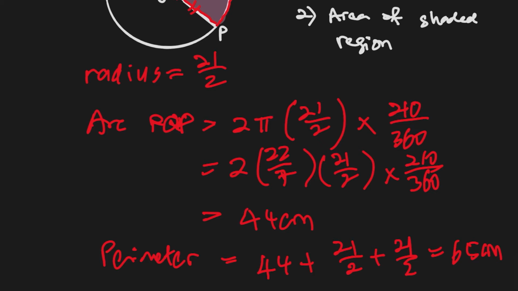And what if you want to find the area of the shaded region? Now, area of the shaded region is way easier because I can just look at this as one whole sector by itself with a 210 degrees inscribed by ROP.